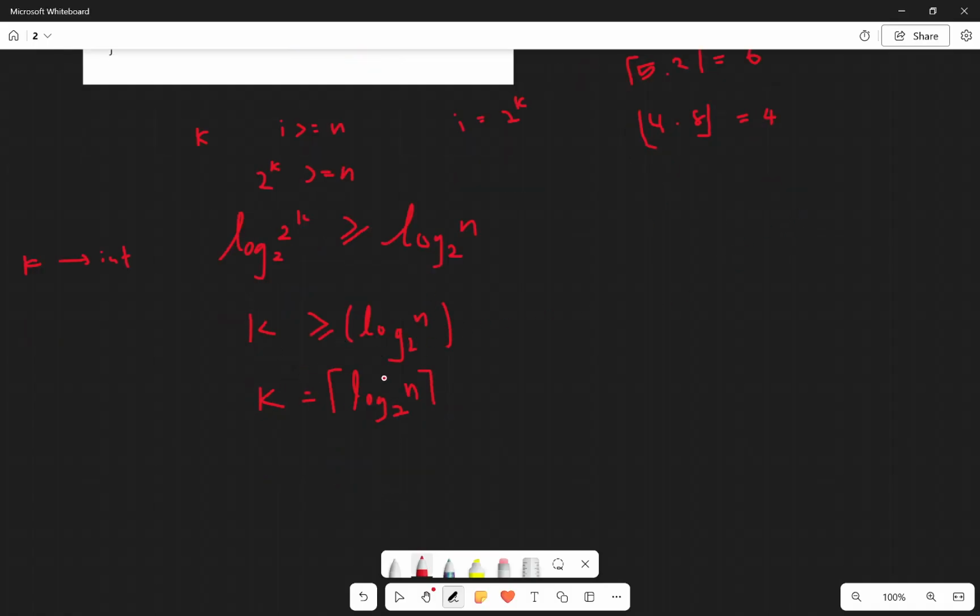So if you take a look at this, the ceiling value of log 2 to the power n will always be greater or equal to log 2 to the power log base 2 8.